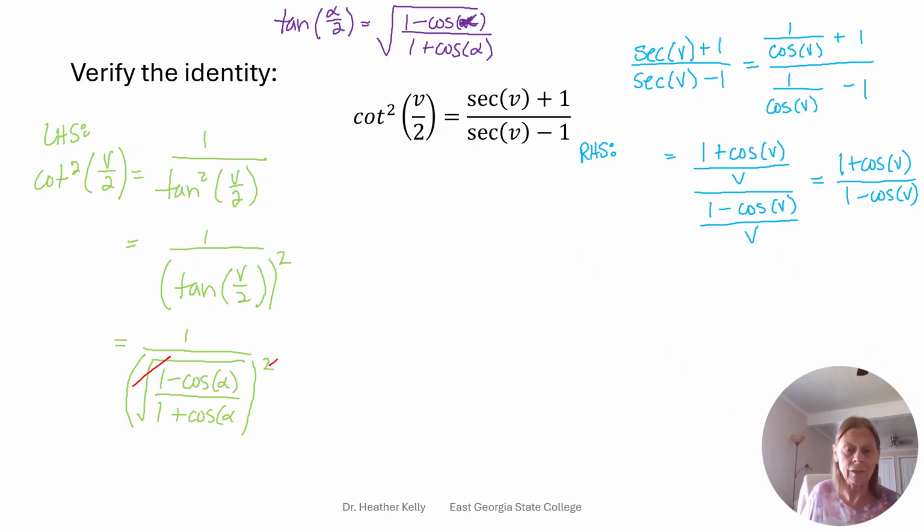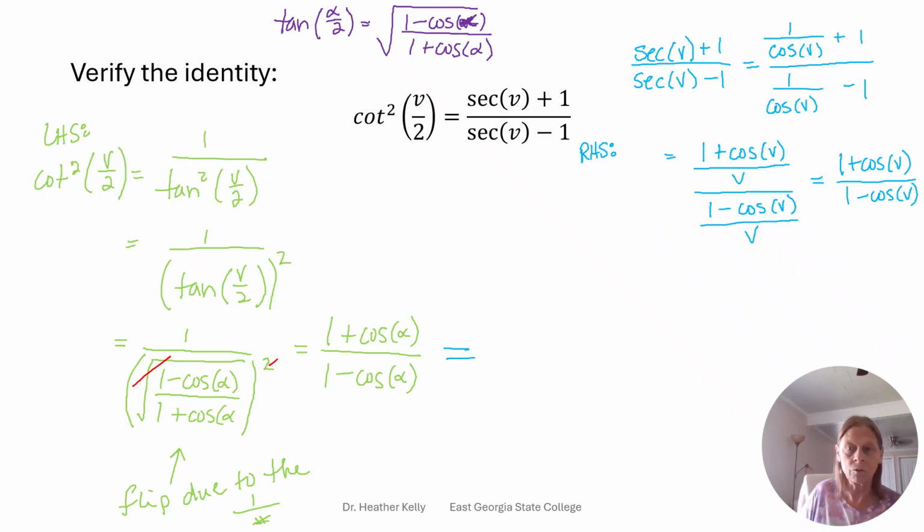And then this is a reciprocal, so it's 1 over, and this is actually equal to 1 plus cosine alpha over 1 minus cosine alpha, because we're going to flip to be 1 over. Okay, and now, as you see, that is equal to that.